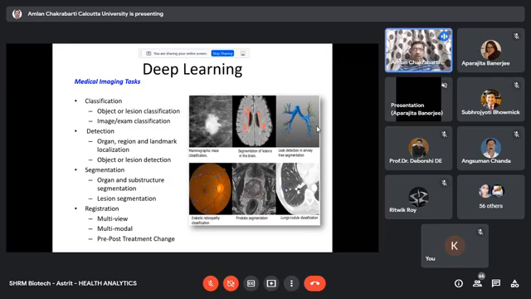Then we try to localize, if the lesion has occurred or if the tumor is detected, whether it is in the frontal lobe or whether it is in the other lobes, whether it is in the left side or right side, or if it is in the spine, in which vertebra of the spine it is.